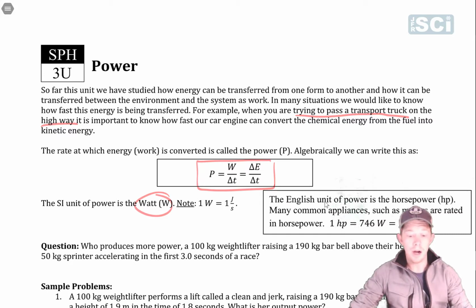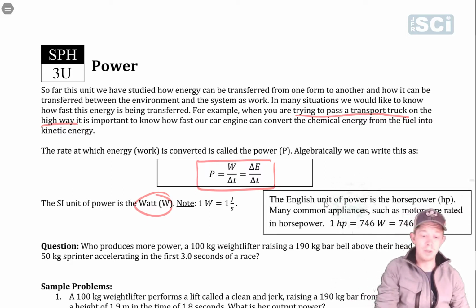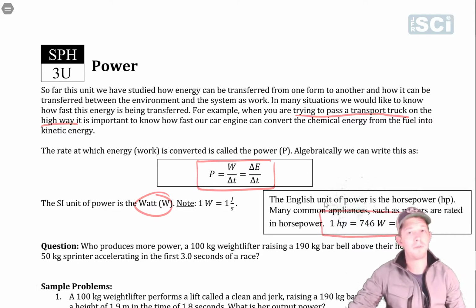You might also see a unit called horsepower, an English unit which, weirdly enough, does relate back to horses. But for us, we're going to assume that one horsepower is equivalent to 746 joules per second, or 746 watts.